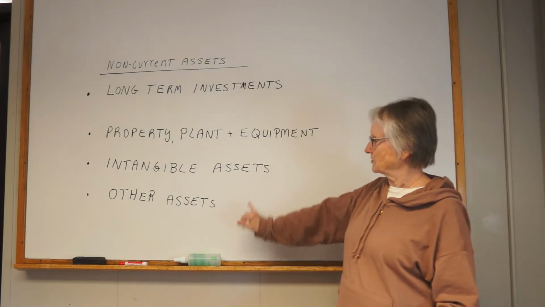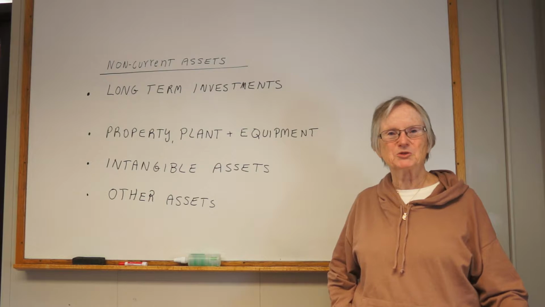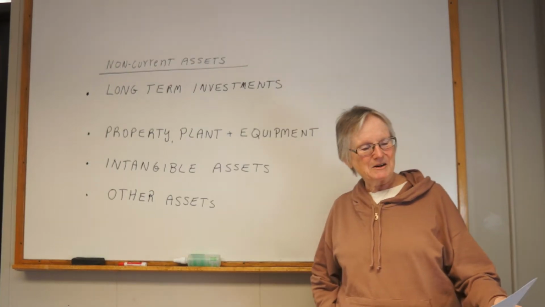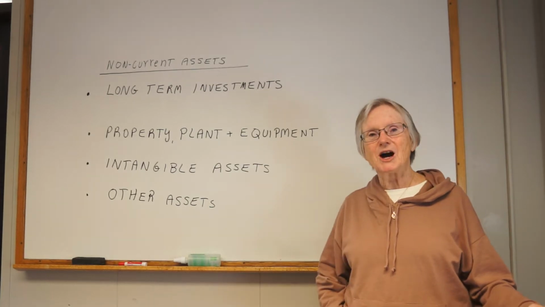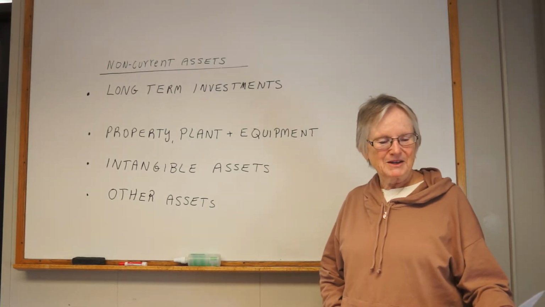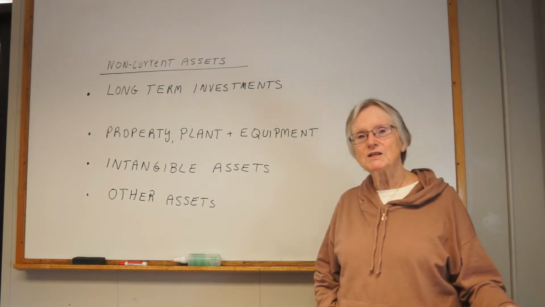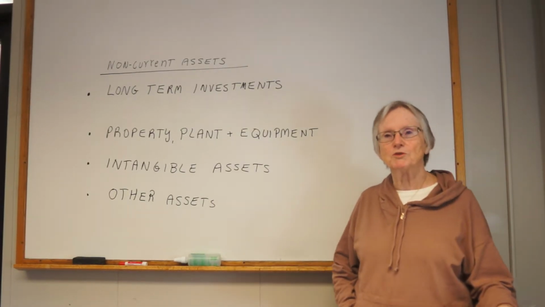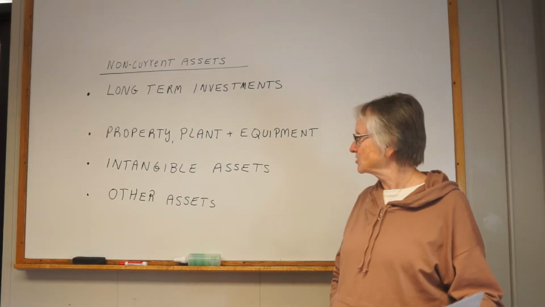Okay, intangibles. These are our patents and copyrights, goodwill, all that good stuff. They have no physical substance, but are used in the operations of the company. If they have a limited life, we'll be amortizing them over the useful life, and they'll be reported at their cost net of accumulated amortization.